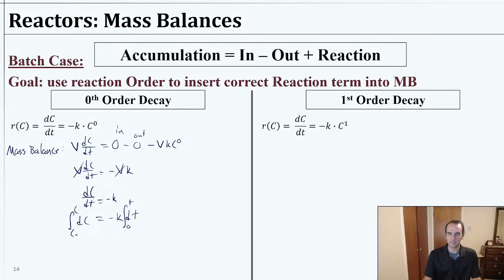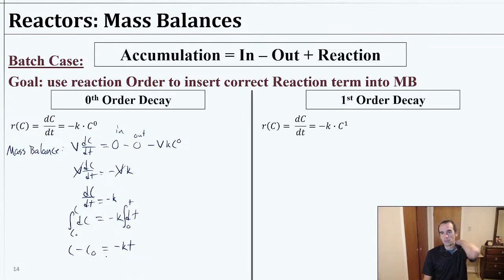Then we integrate, right? On the left side, we have simply C minus C initial, and on the right side we have negative k times time, because this would have been k times time minus k times time initial, but that initial time was 0. So this is our derivation.